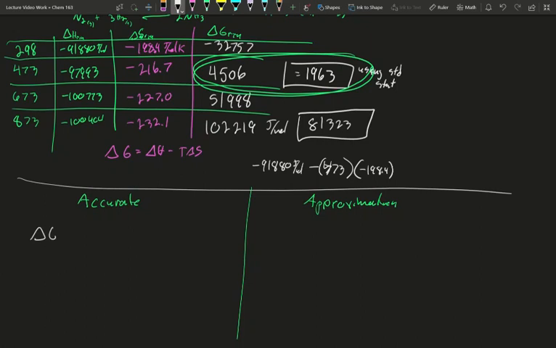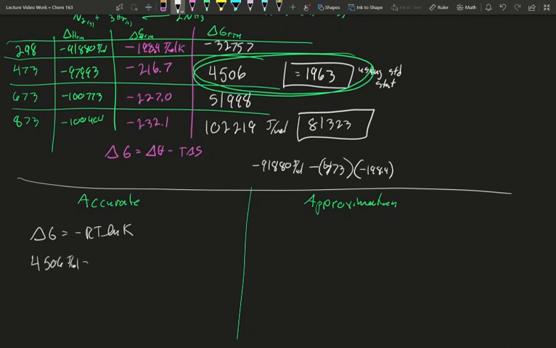Remember that the delta G is equal to the negative RT ln of K. If you know the free energy of a reaction, you can figure out what the equilibrium constant for that reaction will be. So as nitrogen and hydrogen try to combine to make ammonia, how far towards the ammonia side will we get? Let's compare just how different 4,506 versus 1,963 really is in our K values.